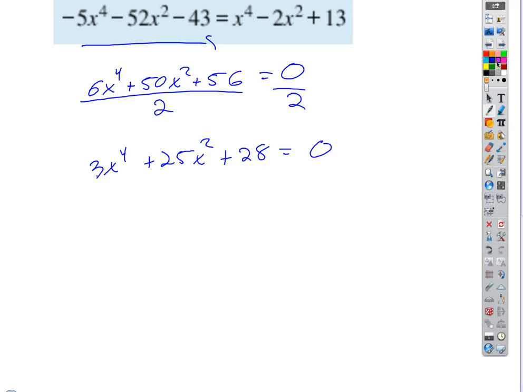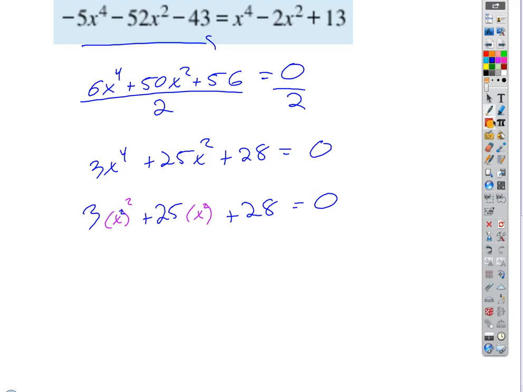But if I'm going to make this thing look quadratic, I've got to make it quadratic in pieces of x squared instead of x, right? So we're going to end up with 3 times x squared squared plus 25 times x squared plus 28 equals 0.